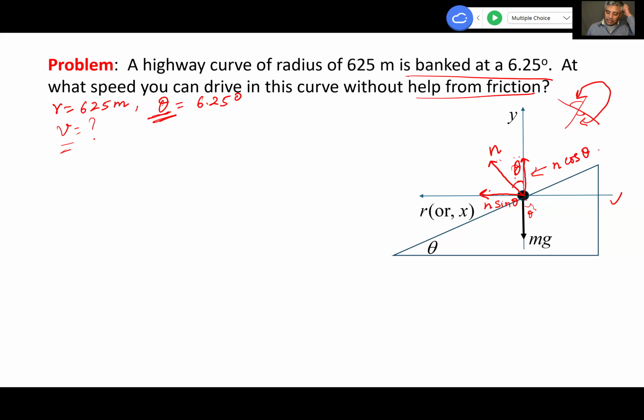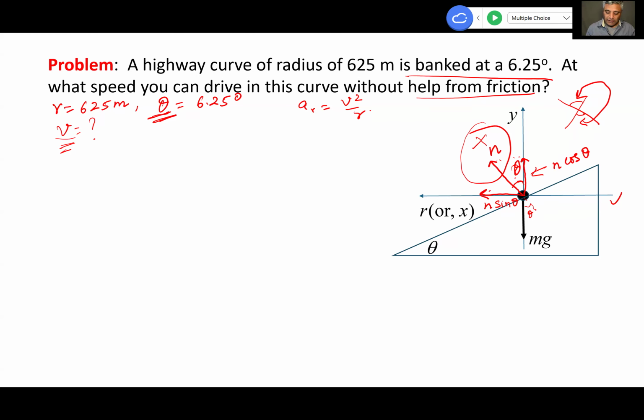Now we have the force written in terms of components, so we can forget about this normal force because we wrote it in terms of components. We are now ready to write the equation. The acceleration, the speed we are looking for, is in this equation: v squared over r.